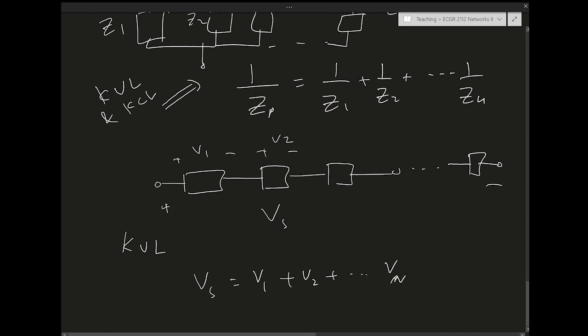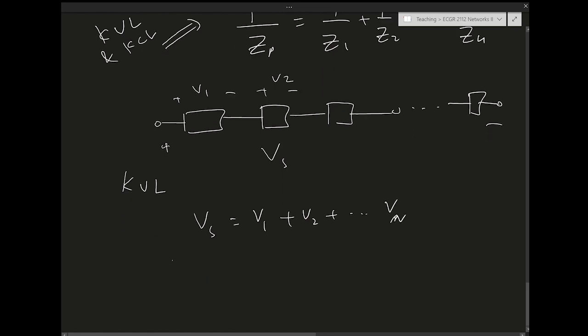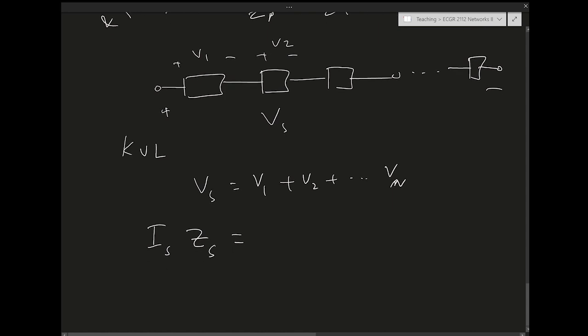But then Ohm's law in the AC domain specifies that Vs is just Is times Z series, the total impedance.